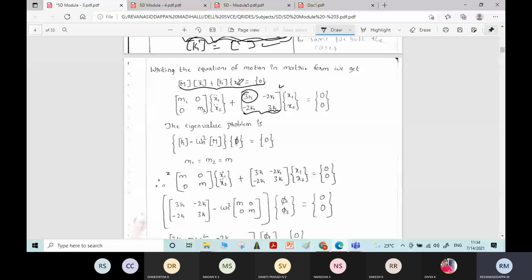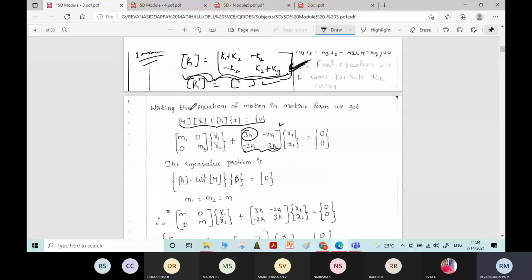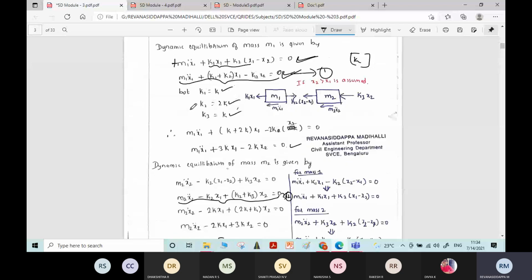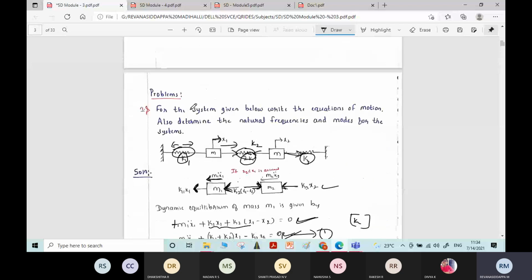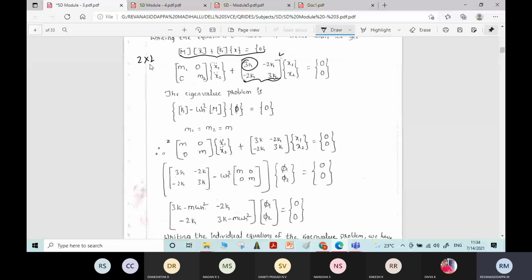It is elaborated, where M is equal to, there are two masses in the problem, so you will get a 2 by 2 diagonal matrix, that is M1 0 0 M2.